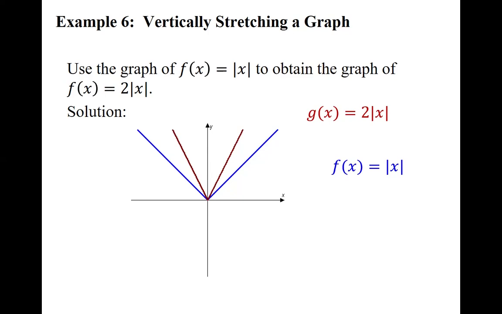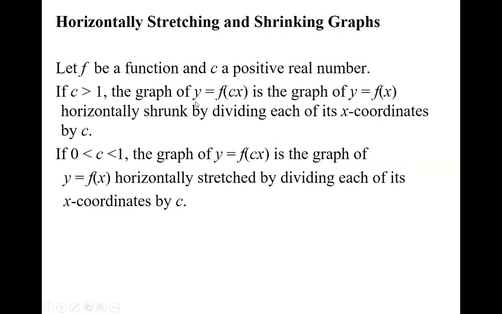So far we've seen that things happening to the function happen vertically. Things happening to the x happen horizontally. So horizontally stretching and shrinking a graph, instead of looking at c times f of x, we're looking at f of c times x.